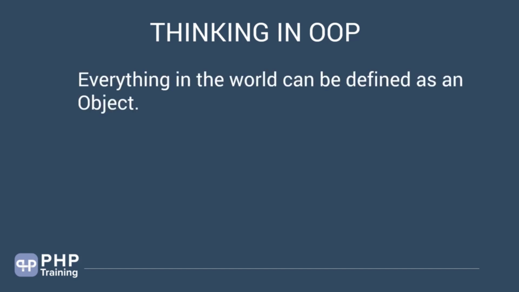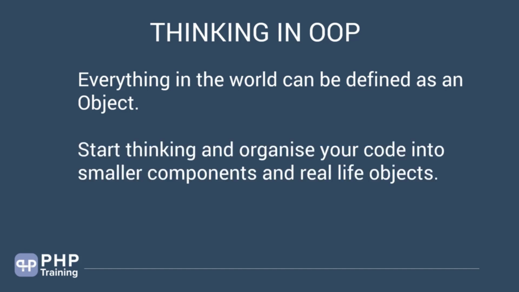First thing you need to understand is everything in the world can be defined as an object. Don't come to a conclusion that, oh, this cannot be an object, so we cannot write OOPs for this particular feature. Everything in the world can be defined as an object. Start thinking and organize your code into smaller components and real life objects.